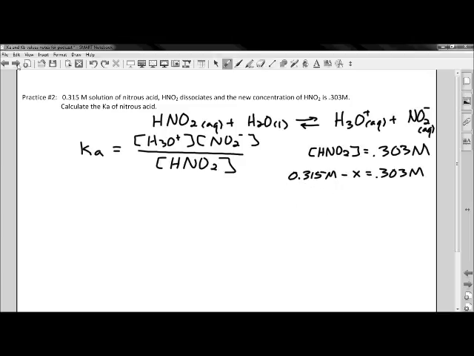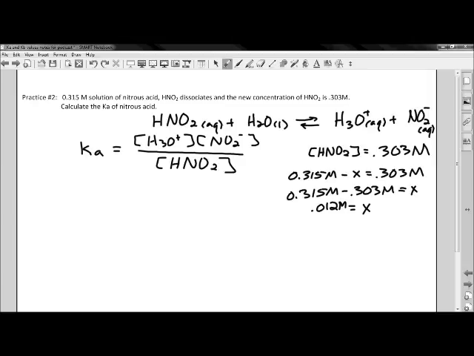Sorry about that. 0.315 molar minus 0.303 molar is equal to x. So, hopefully you don't have to plug that into a calculator, but if you do, that's quite all right. You can check yourself there. And we get x equals 0.012 molar. Now, what does that mean? Well, not only is this the hydronium ion concentration, but it's also the nitrite ion concentration.